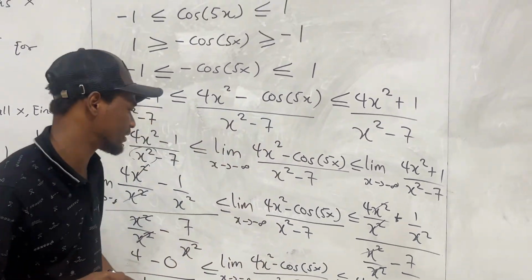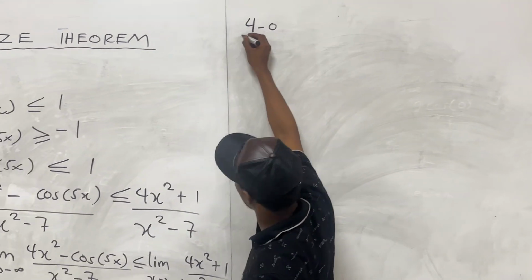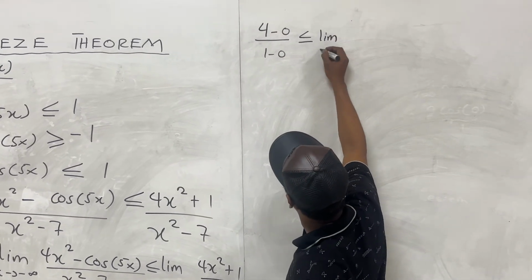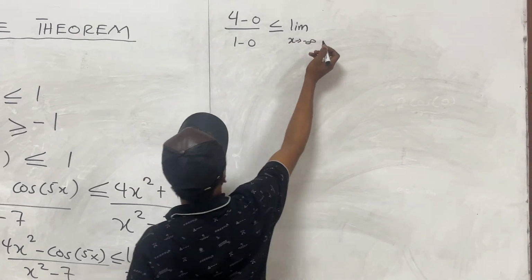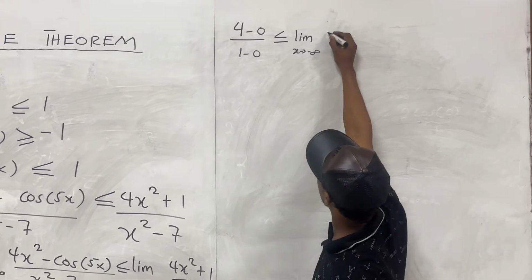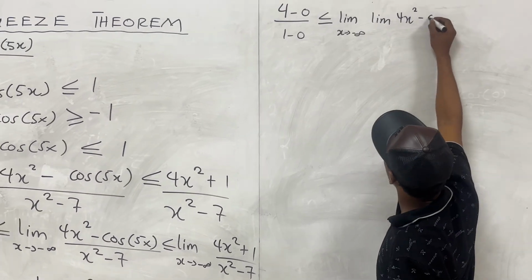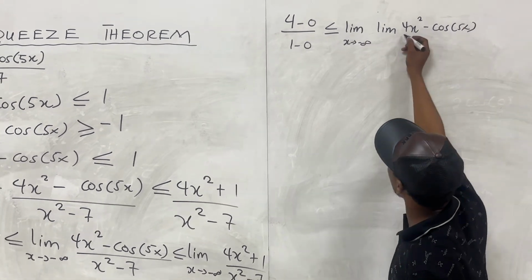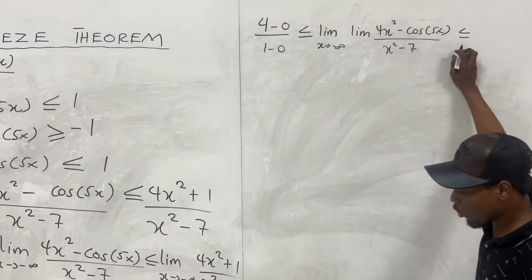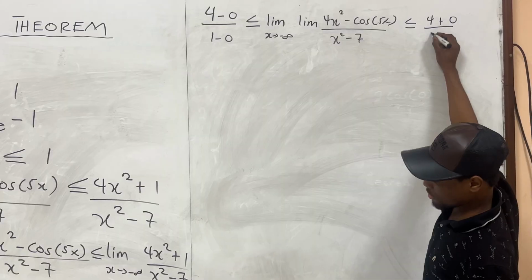So viewers, for want of space, let's go to the other side. So we have 4 minus 0, over 1 minus 0, less than or equal to the limit as x approaches negative infinity of, I'm just doing copy and paste, 4x squared minus cos 5x over x squared minus 7, less than or equal to 4 plus 0 over 1 minus 0.